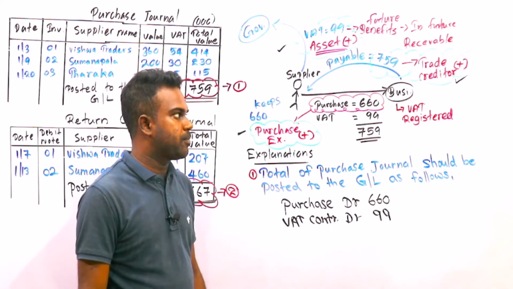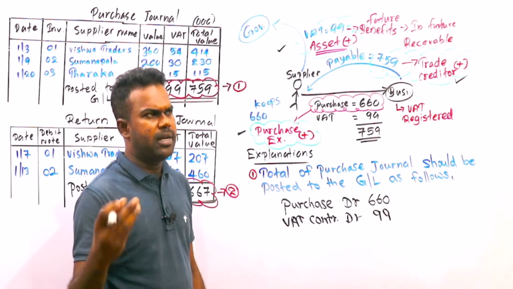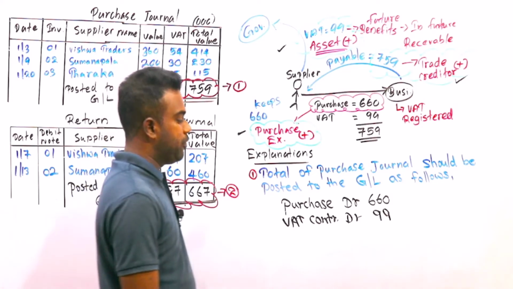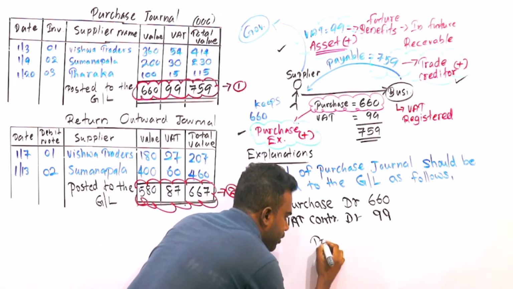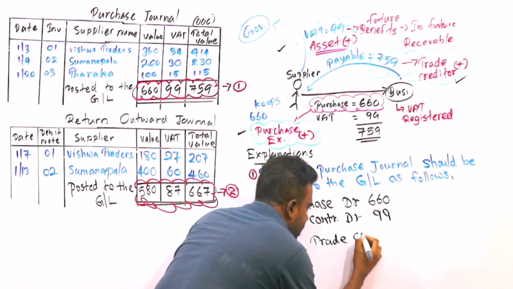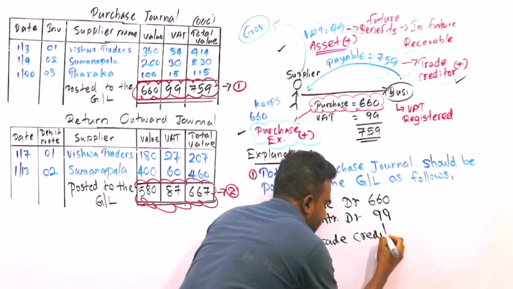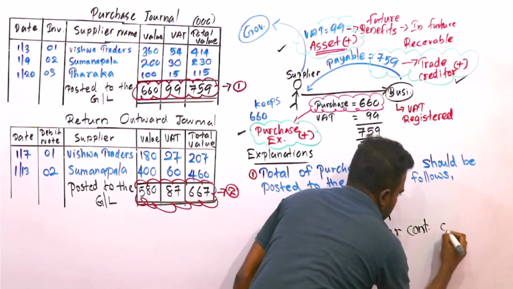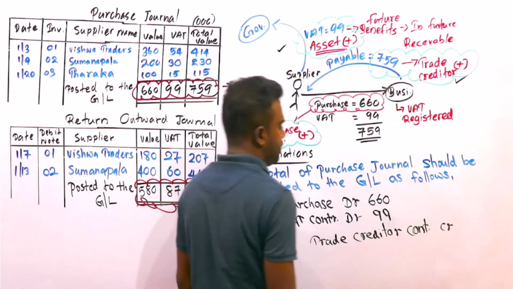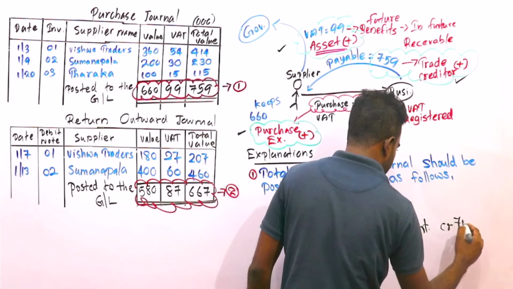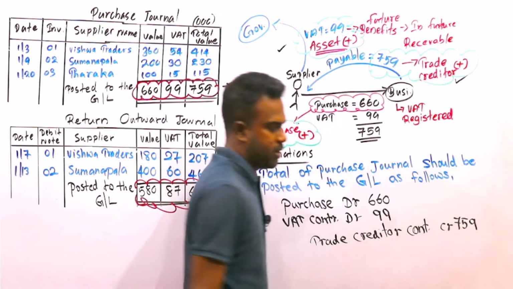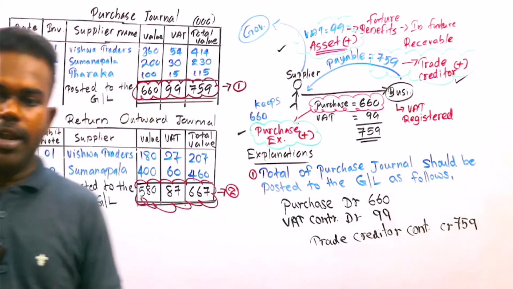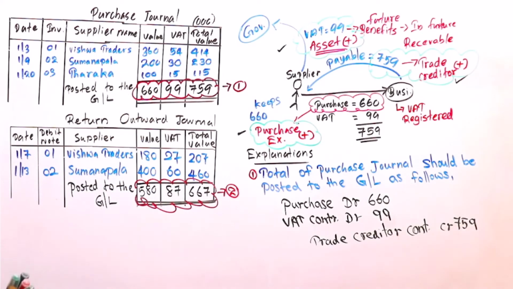Definitely credit, no? Then we can write trade creditor control account. How much? 759 rupees. Okay.